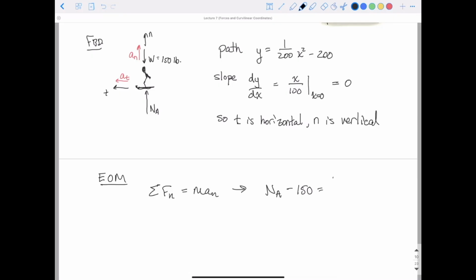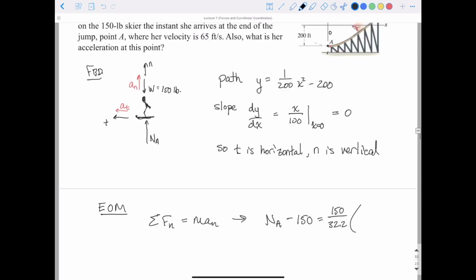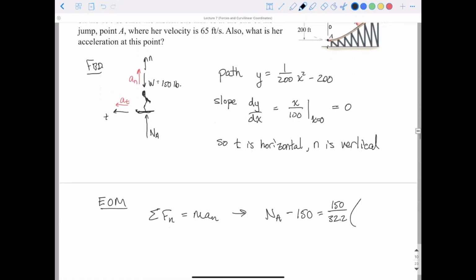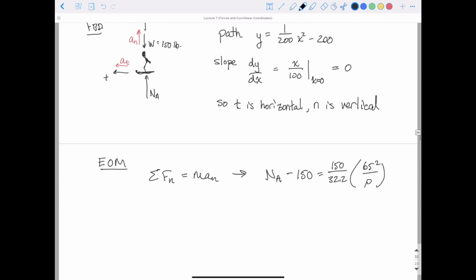Our mass is going to be 150 divided by the acceleration due to gravity, 32.2 feet per second squared, times our velocity, which is given in the question as 65 feet per second, squared, divided by rho. So that's our first equation.